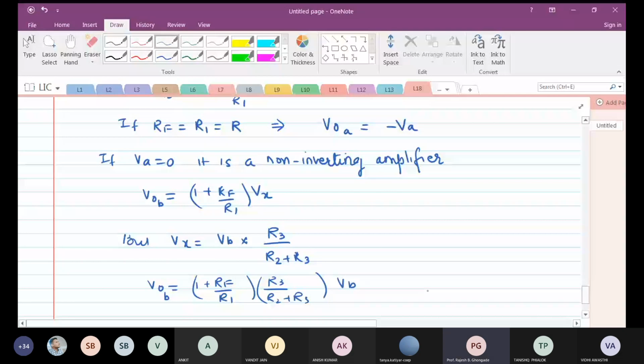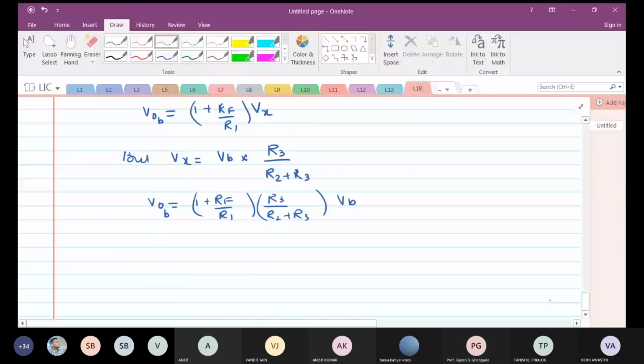Now if I make R1 equal to R2 equal to R3 equal to Rf, all these resistors equal, in that case, what do I get? VoB will be simply equal to Vb. Correct.